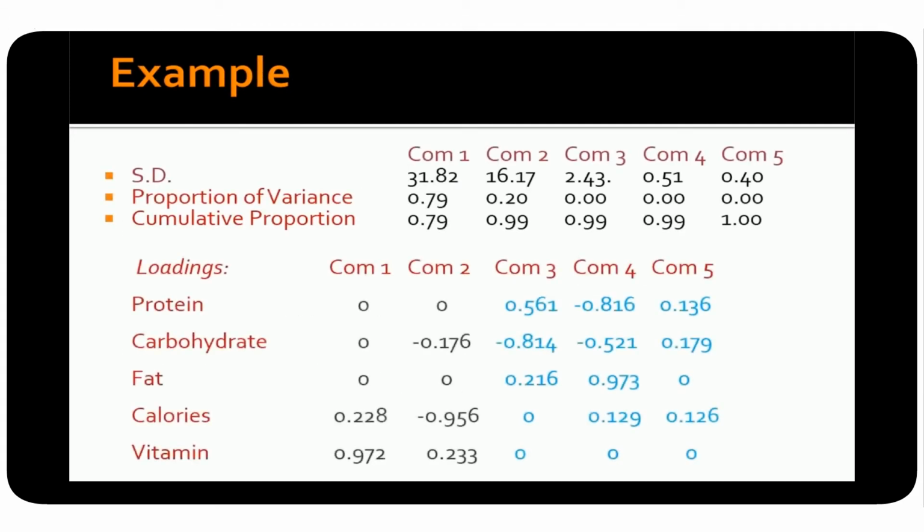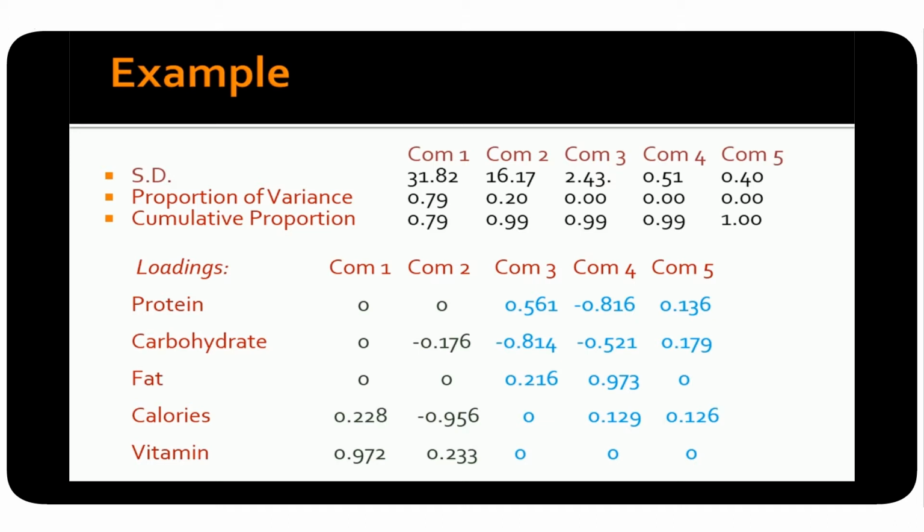Now, let us look at an example. In this example, we have 5 types of food ingredients. These food ingredients are included in a number of these 12 cereals, and you can look at these cereals composed of the different proteins, carbohydrates, fats, calories, and vitamins, and you will see that the combinations are quite different.